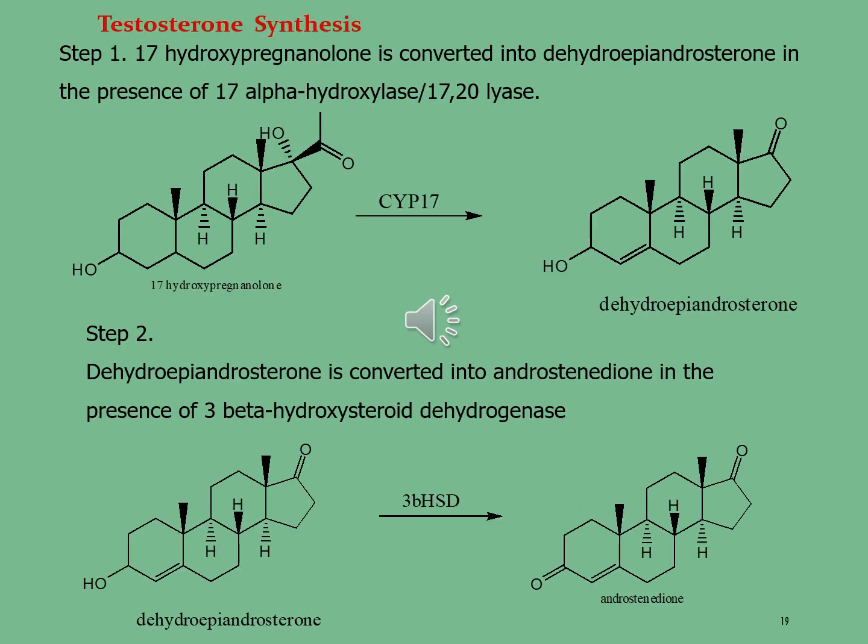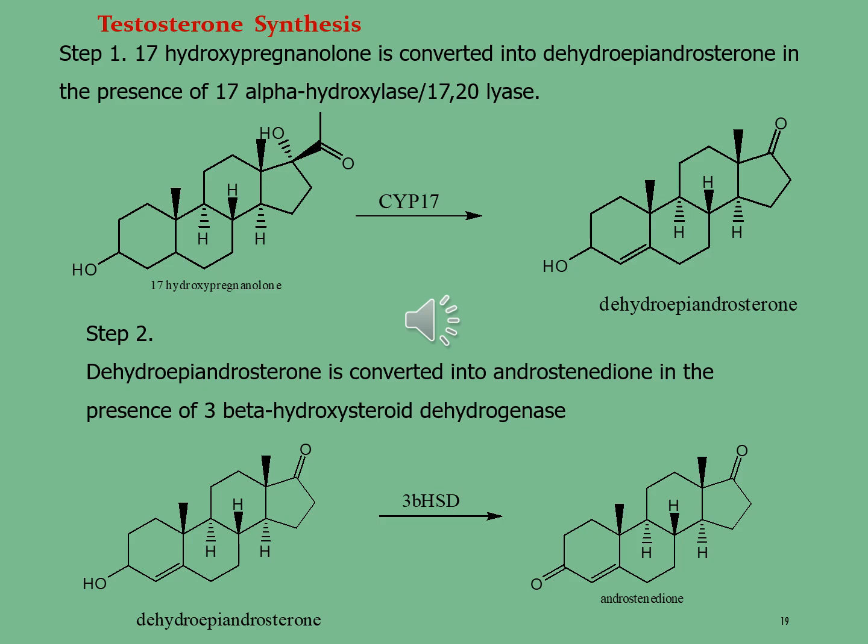Let's see the synthesis of testosterone, because testosterone falls in androgens, and it is a big example of androgen steroids. So let's see the first step, in which 17-hydroxypregnenolone is converted into dehydroepiandrosterone in the presence of the 17-alpha hydroxylase, 17,20 lyase enzymes.